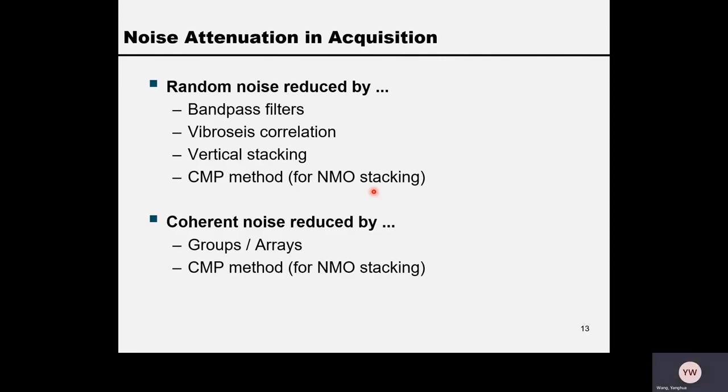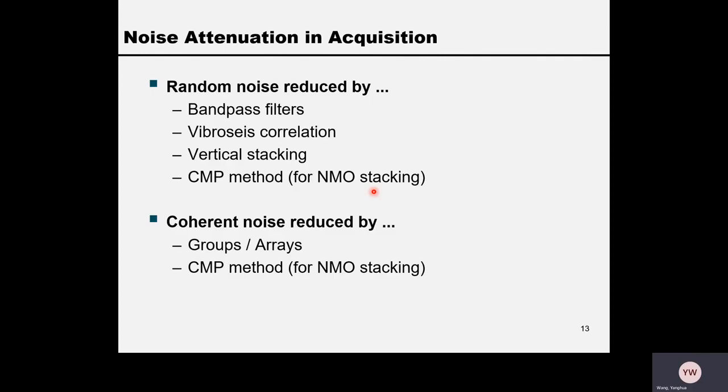So by correlation, you effectively reduce the random noise. In the example we saw before, after the correlation, the reflections gradually appear. Without the sweep correlation, in the raw recording data, you do not see reflections clearly.